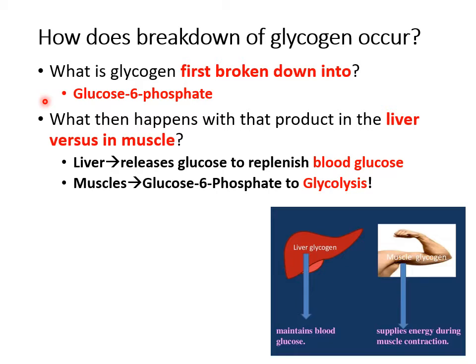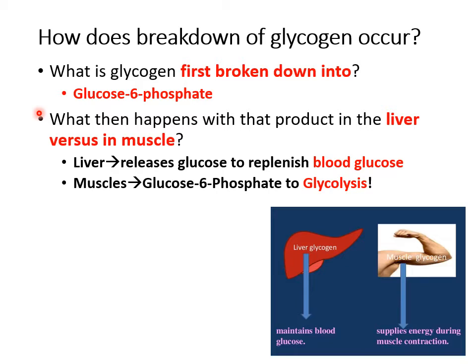Glycogen is primarily found in the liver and in the muscles. In the liver, glucose 6-phosphate is hydrolyzed to give glucose directly, to pump that into the blood and restore your blood sugar level.